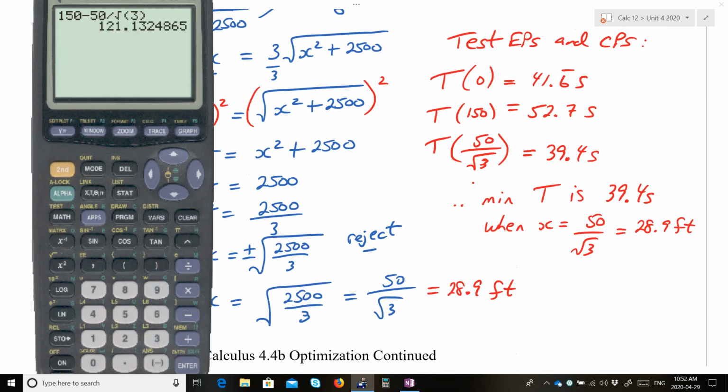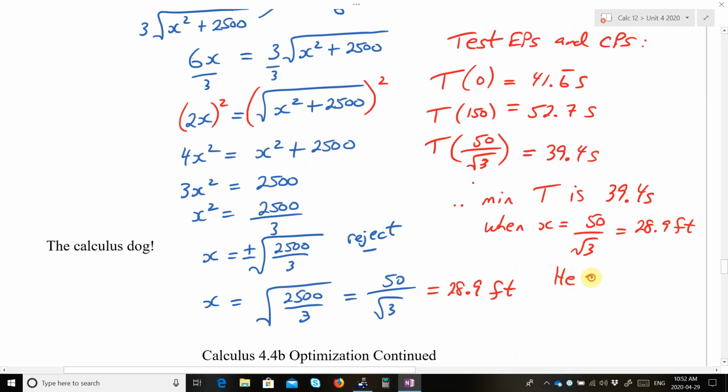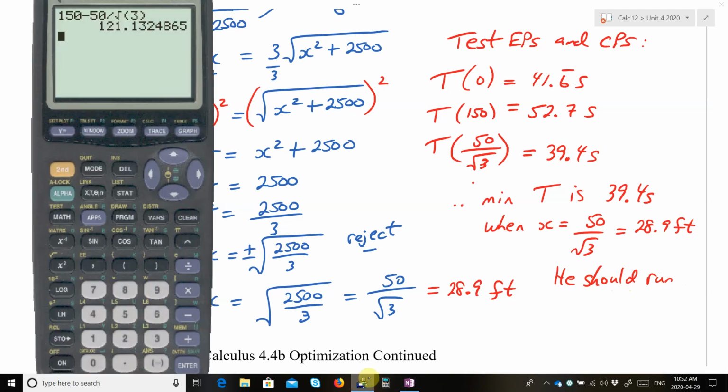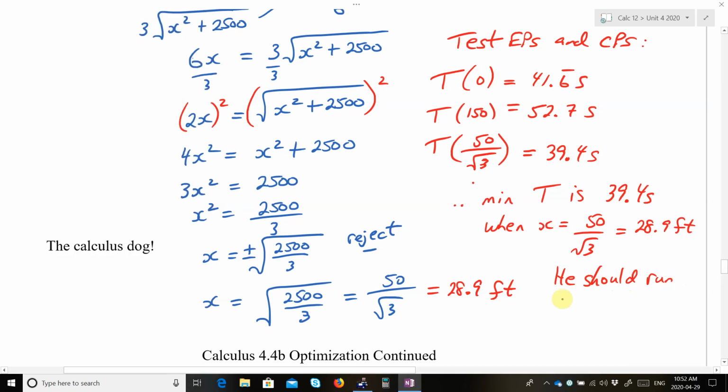Okay, so he should run 121.1 feet down the shore. He should run 121.1 feet down shore.